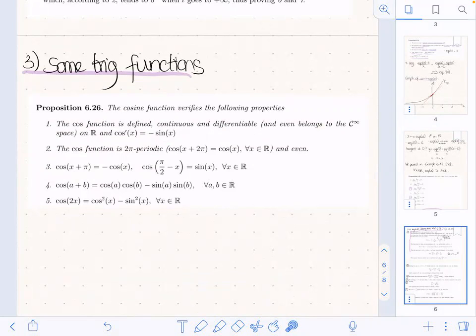So if you keep deriving cosine, one time you'll be related to the sine function, and the second time you'll be related to cosine again. You know that the function is 2 pi periodic, so if you add 2 pi to the value inside your cosine, you'll be equal to the initial value, and it's an even function.